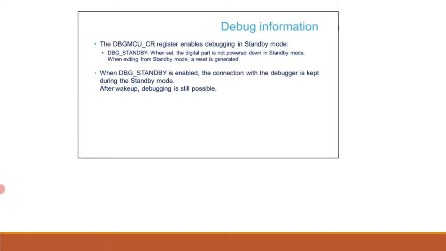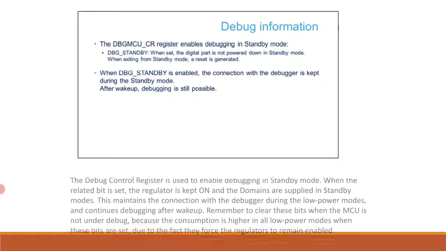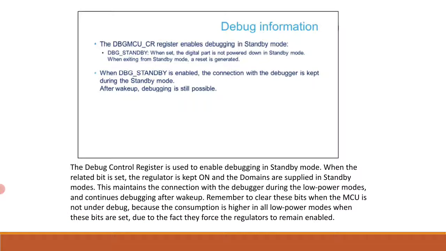Remember to clear these bits when the MCU is not under debug because the consumption is higher in all low power modes when these bits are set, due to the fact they force the regulators to remain enabled. Okay, DBGMCU_CR and DBG_STANDBY.